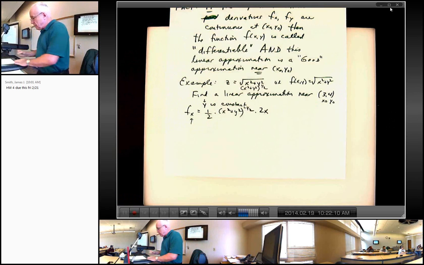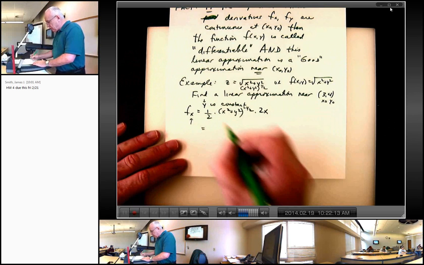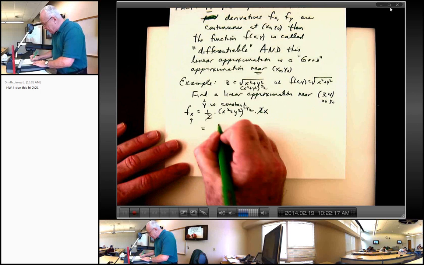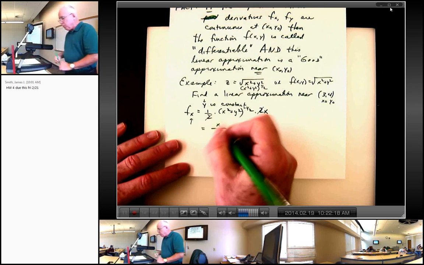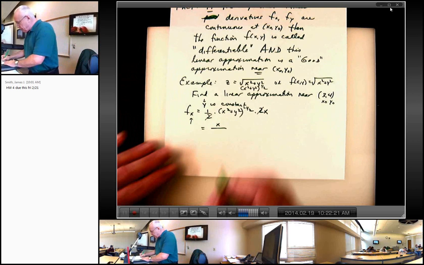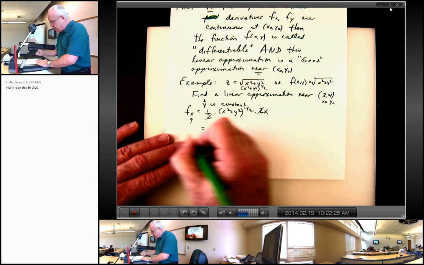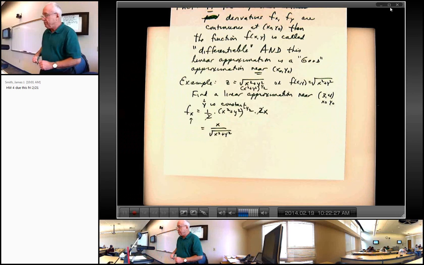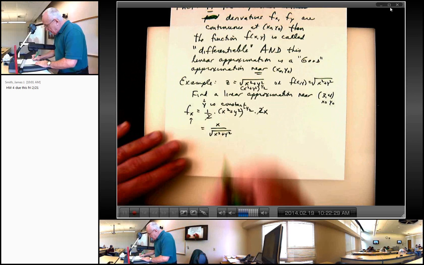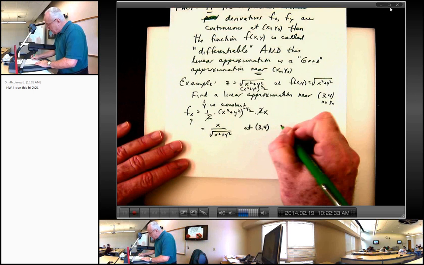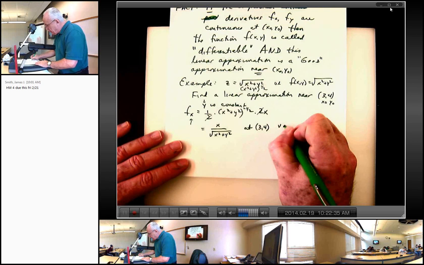All right? And then let me just simplify this a little bit. Notice the 2's cancel out here, so we get x, and then let me put the square root in the denominator over the square root of x squared plus y squared. Okay, that's our fx. And so at our point (3, 4), the value is equal to what?